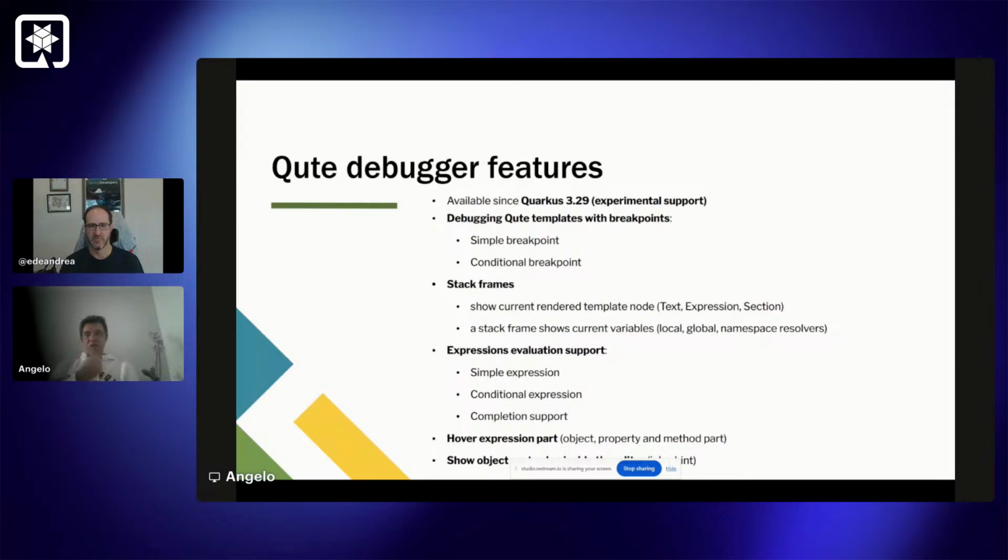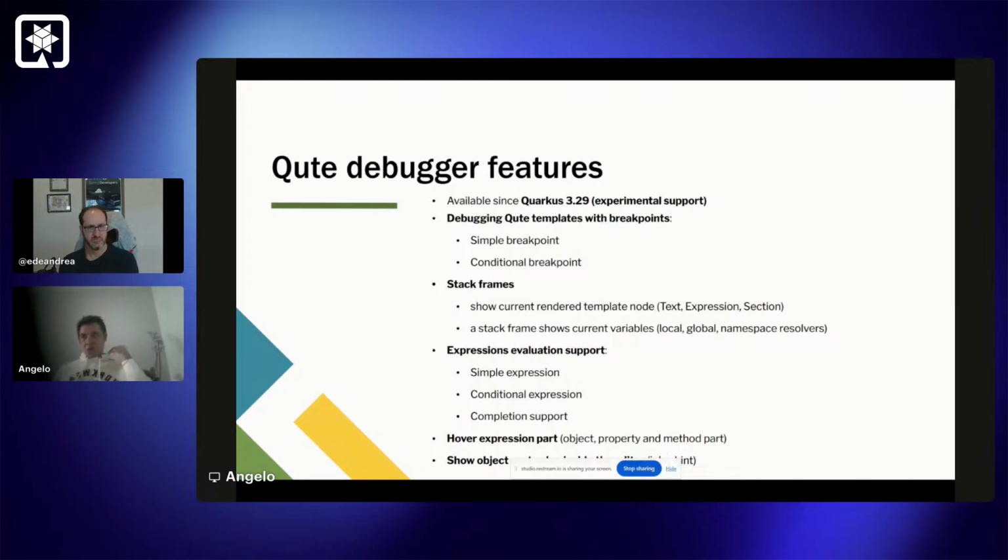This Qute debugger provides the capability to debug Qute templates. A Qute template is an HTML file, and you can use a breakpoint, simple breakpoint, and conditional breakpoint. The Qute debugger manages stack frames, like stack frames in Java, and the stack frames show the current rendered template node like text, expression, or section.